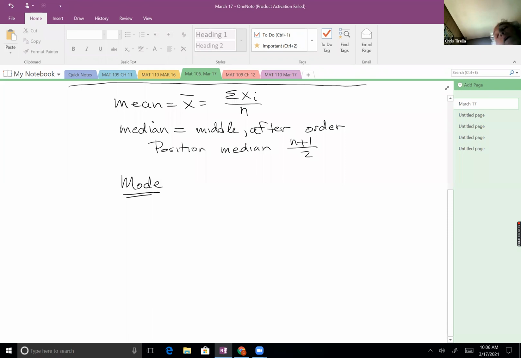Have you folks heard of mode? Isn't it like the most number in the listing or whatever? It's the most frequently occurring. You're right. So if I look at an example, last class we talked about the number of siblings.